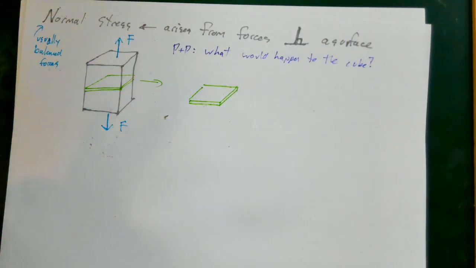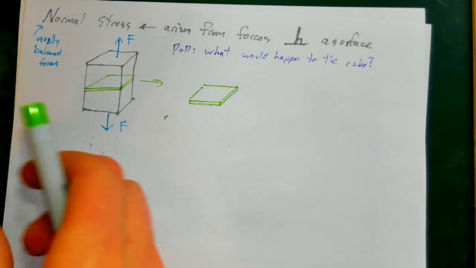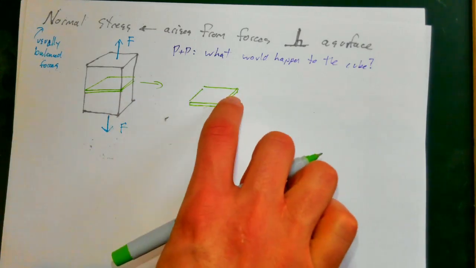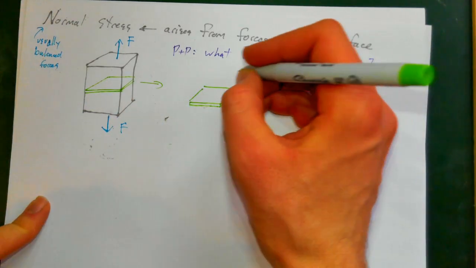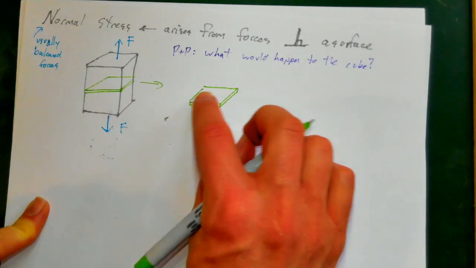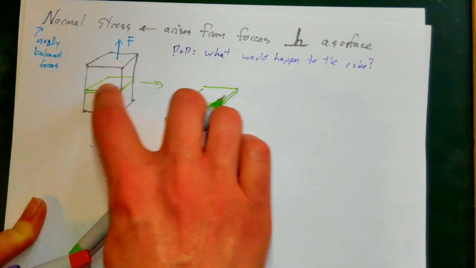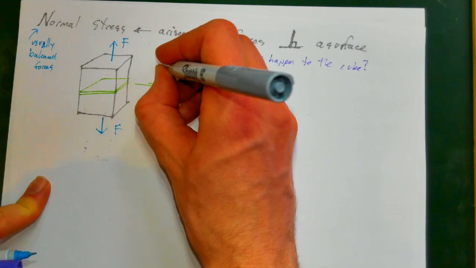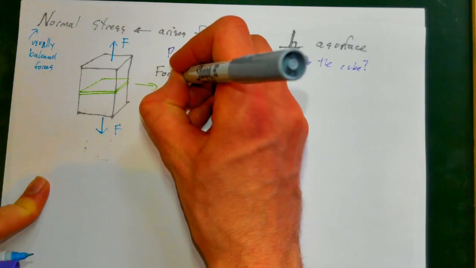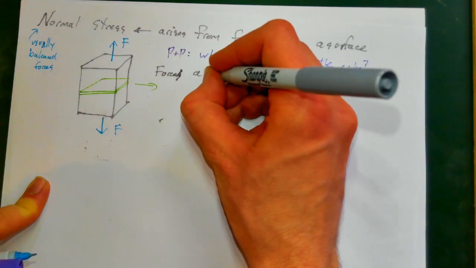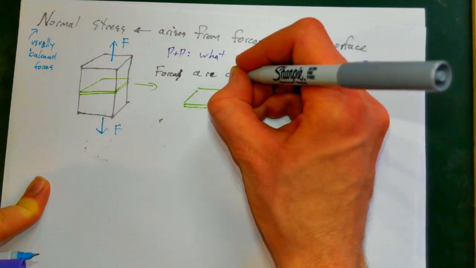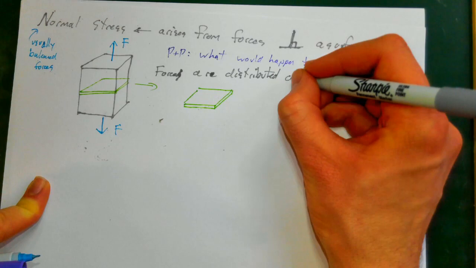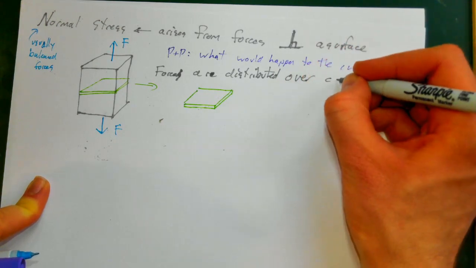But if I zoom into this slice of this material right here, forces are distributed within objects. So forces are distributed inside of objects over their cross-sectional areas.